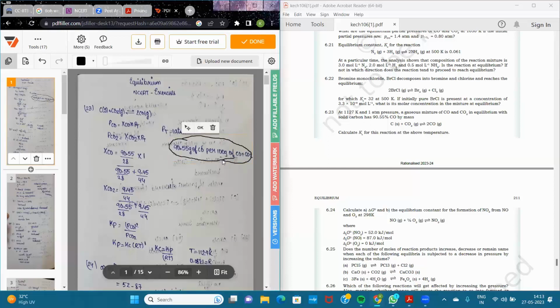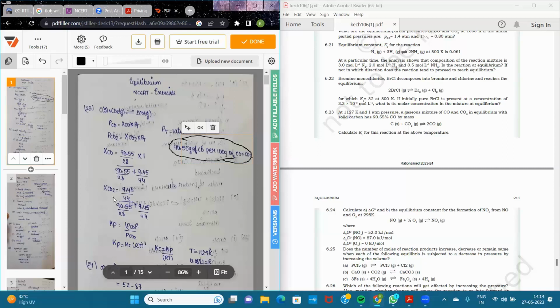So 90.55 grams of CO is present per 100 grams of the total mixture of CO and CO2. From that, we can calculate the mole fraction. The weight is 90.55 divided by 28, the molecular weight. This is the number of moles of CO and this is the number of moles of CO2.